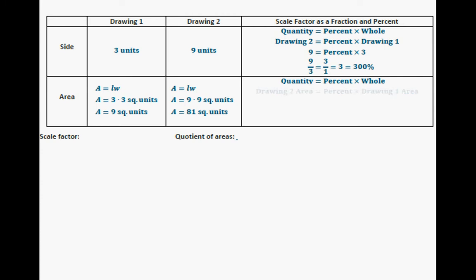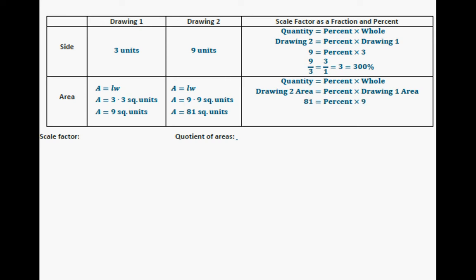So now let's take a look at the areas. Remember that the area is equal to length times width. So that means we would have 3 times 3 square units, which means our area of drawing 1 is 9 square units. When we do that for drawing 2, you would get 81 square units. So, using the same quantity is equal to percent times the whole, drawing 2 is equal to the percent times the drawing 1 area.